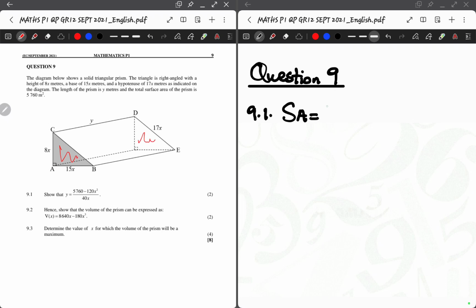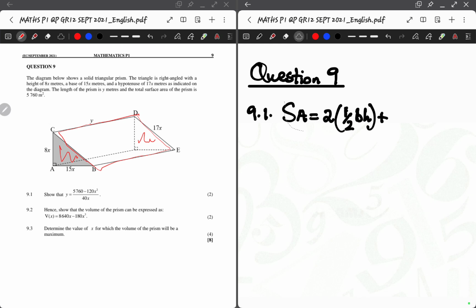So that will be 2 of half base times height, plus, you've got 3 rectangles. The first one is this one.